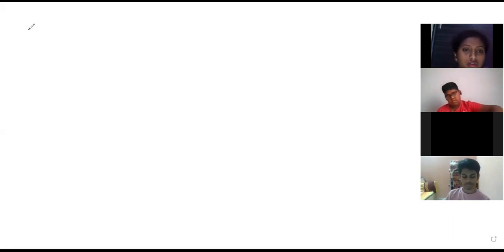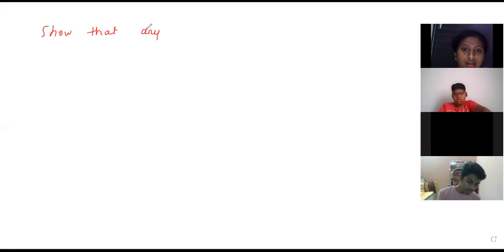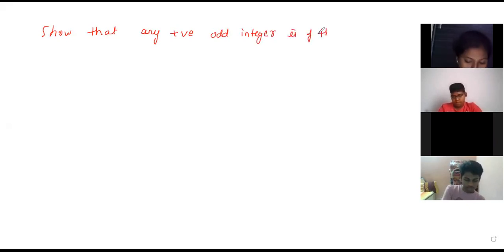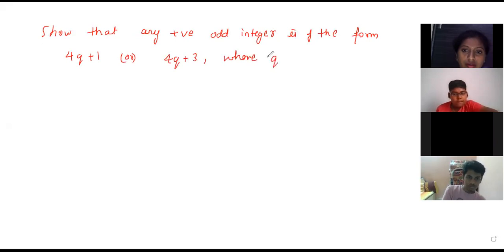The question goes like this. Show that any positive odd integer is of the form 4q plus 1 or 4q plus 3, where q is some integer.